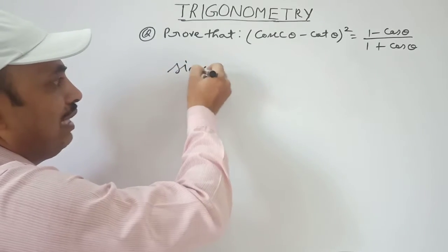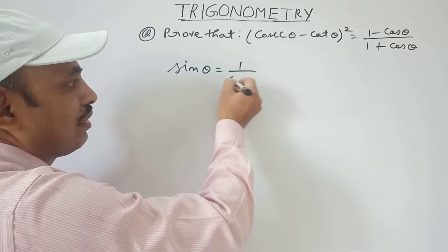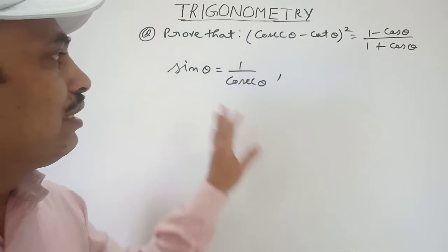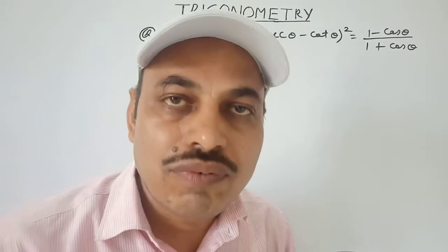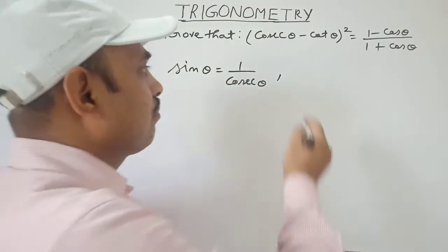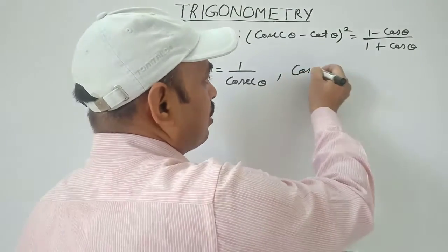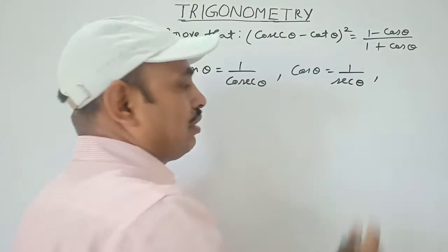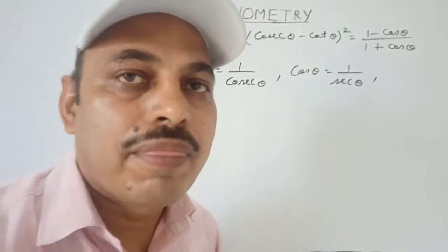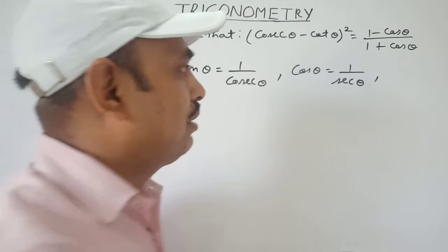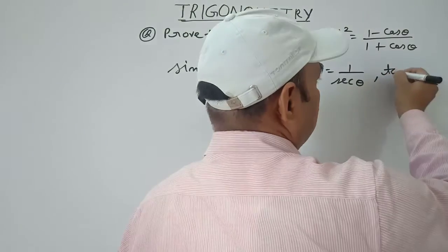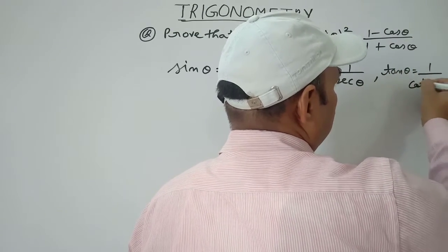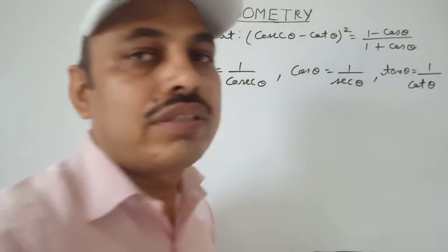We know that sin theta is 1 upon cosec theta. Cos theta is 1 upon sec theta. Tan theta is 1 upon cot theta.